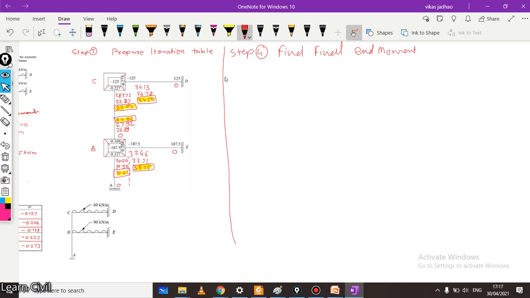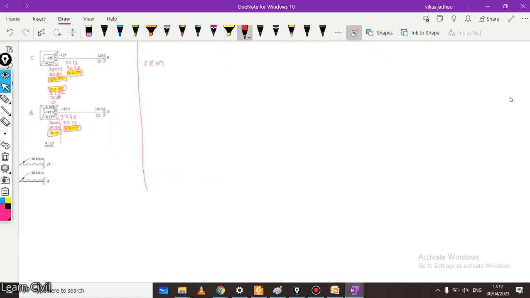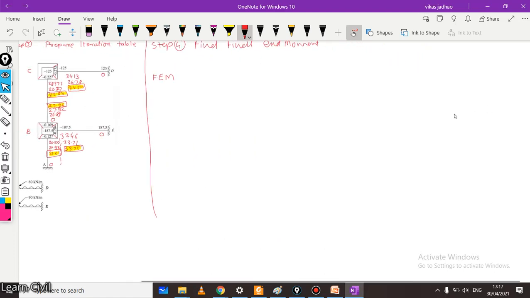The first row will be fixed end moment, the second row will be 2 into rotation contribution at near end, the third row will be rotation contribution at far end, and the final row will be final end moment. We'll draw one table like this.